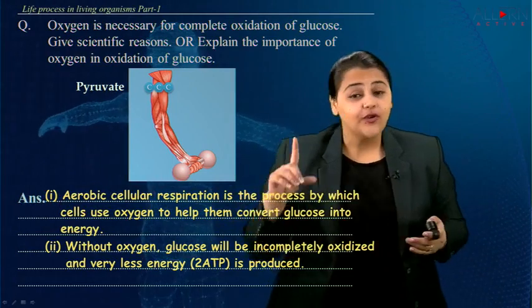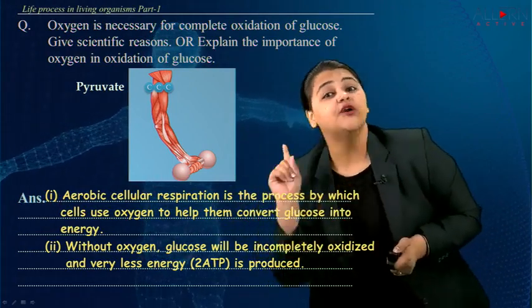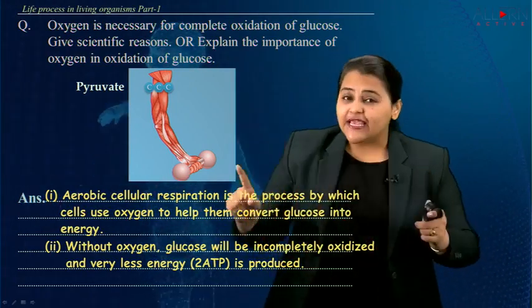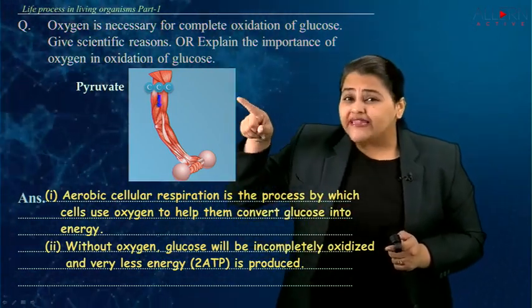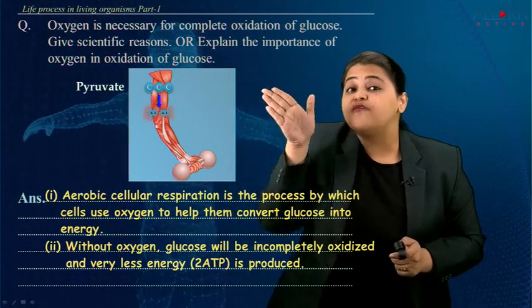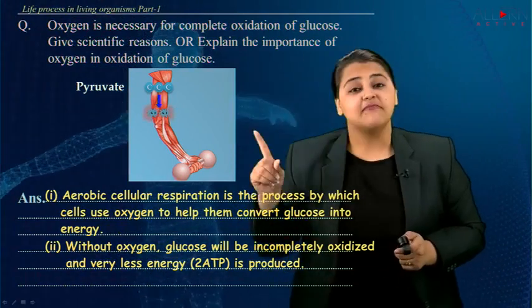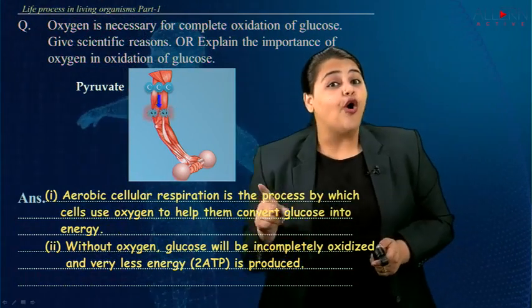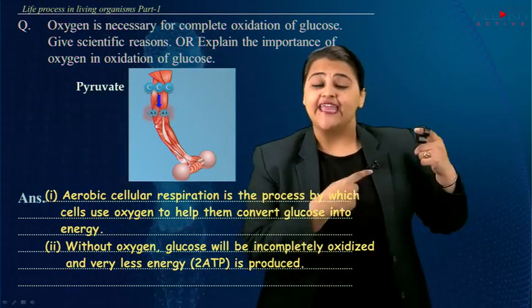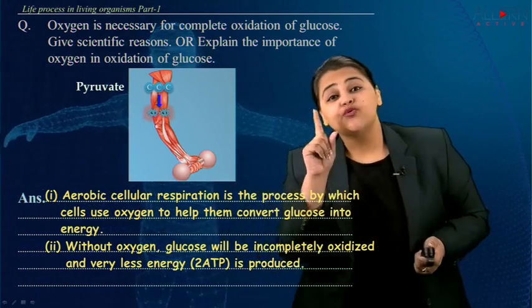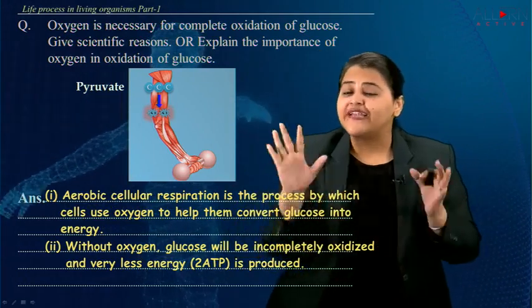They'll break down, because they need to produce energy. And in the same course of time, they will produce pyruvate. Now, when they produce pyruvate, this will further break down in the muscle itself in order to produce enough amounts of ATP. But that's when you are perfectly breathing.